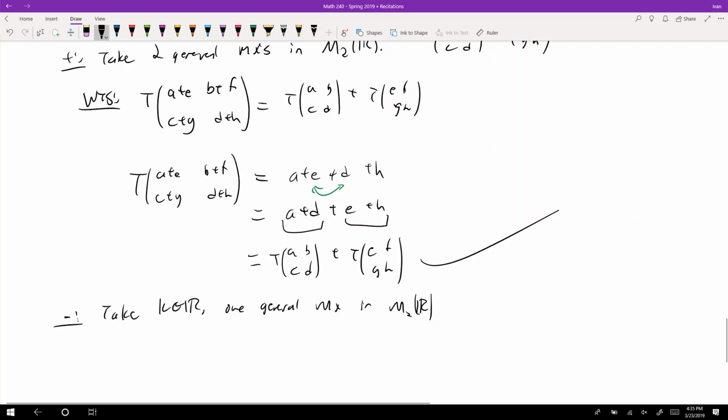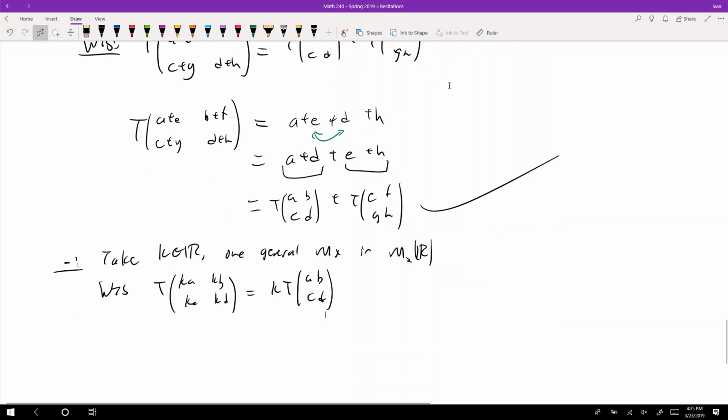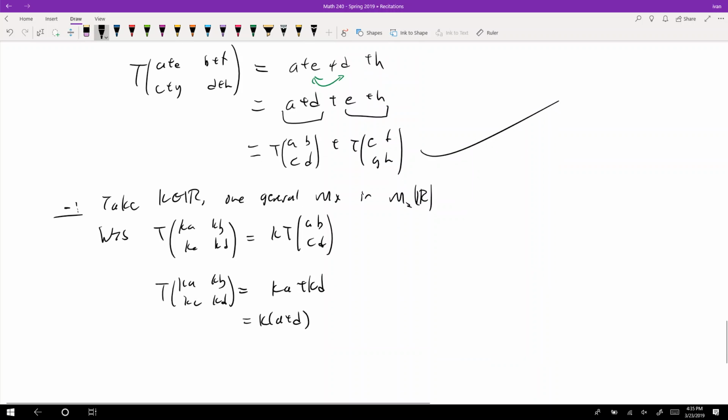Now we want to show that T of Ka, Kb, Kc, Kd is equal to K times T of A, B, C, D. T of Ka, Kb, Kc, Kd is equal to Ka plus Kd, which is equal to K times A plus D, which is equal to K times T of A, B, C, D.